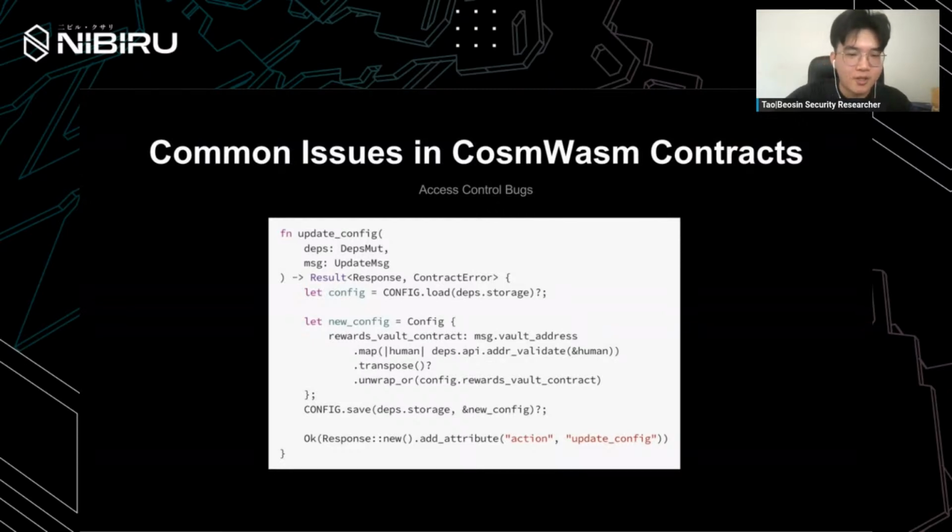So that's the issue in this CosmWasm smart contract. And please make sure you check the access control of all the functions, especially for those important functions in the contract.